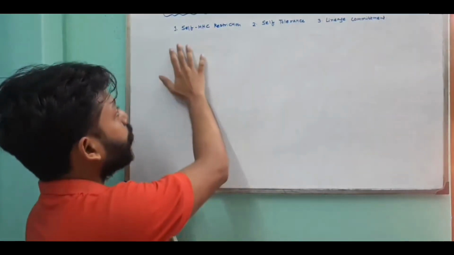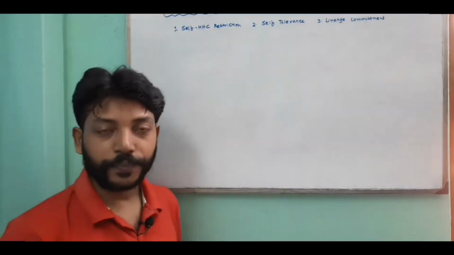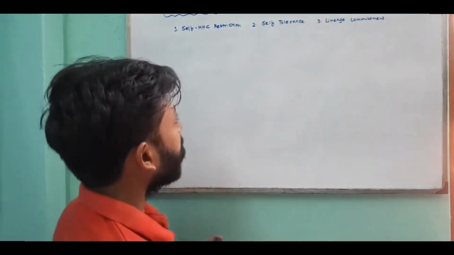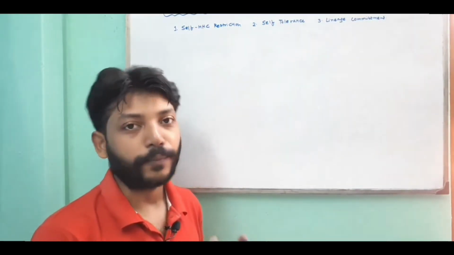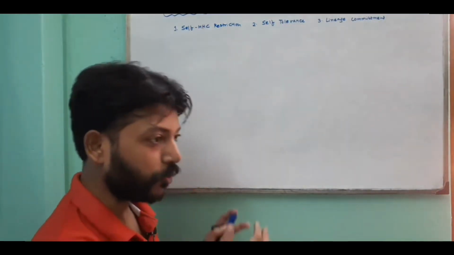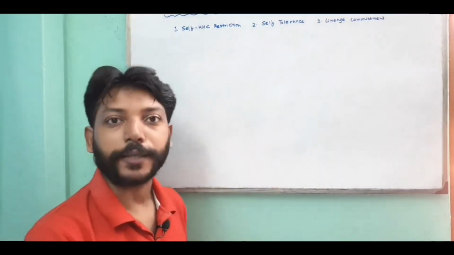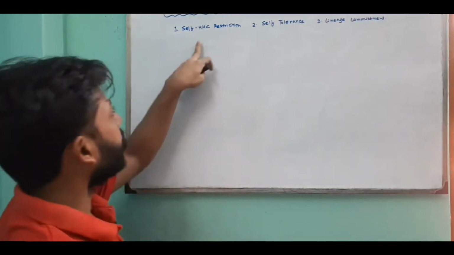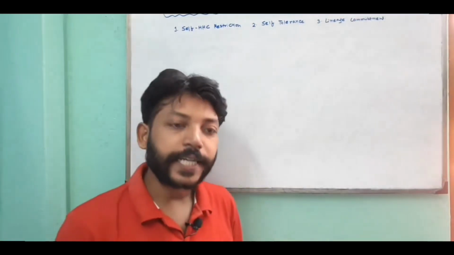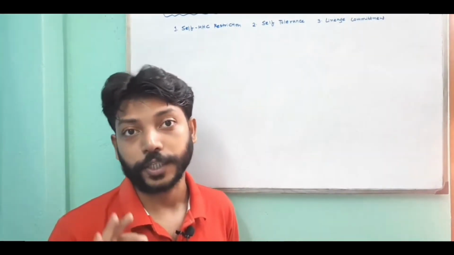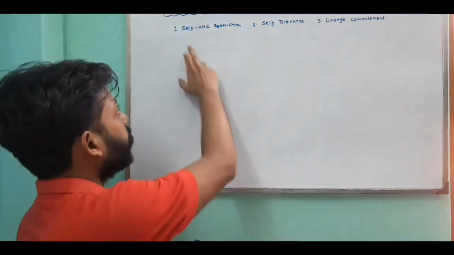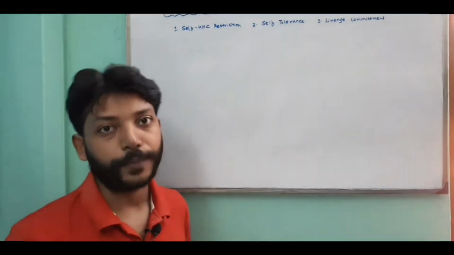So these three, self-MHC restriction, self-tolerance and lineage commitment, are three terms and conditions all the T cells must agree with before they come out from the thymus. Self-MHC restriction means each and every T cell must recognize its own MHC molecules. Self means own body MHC molecule.